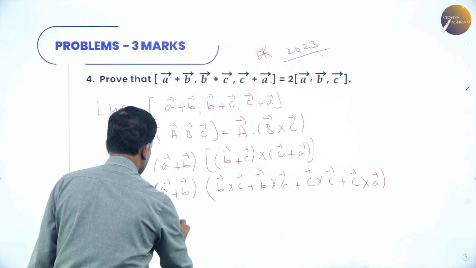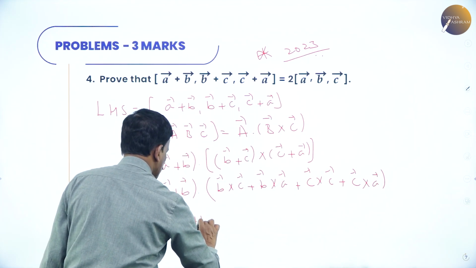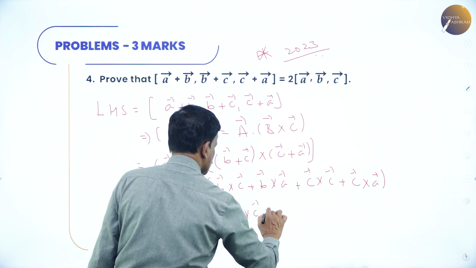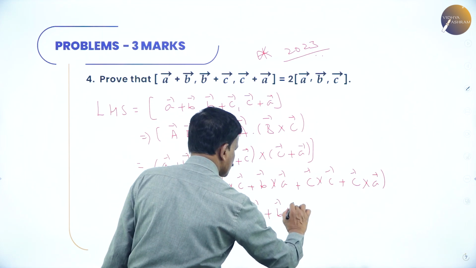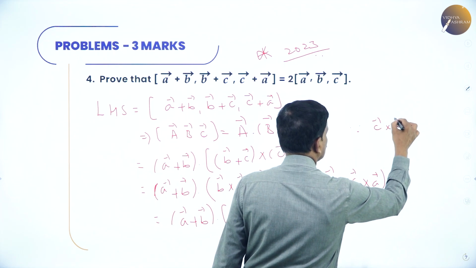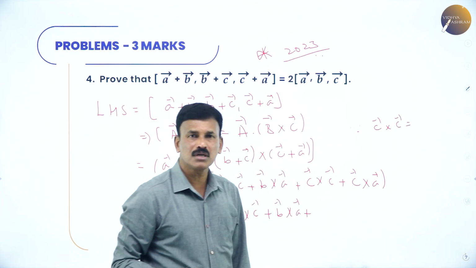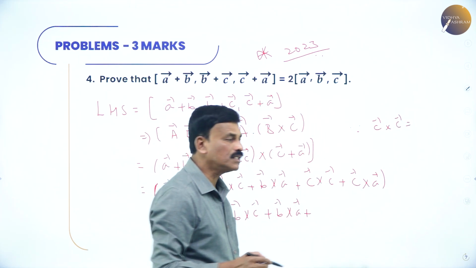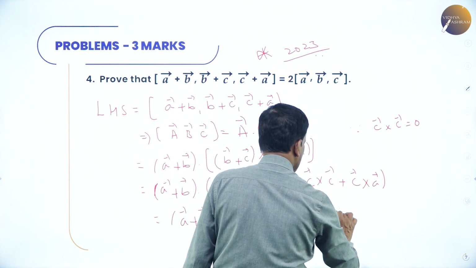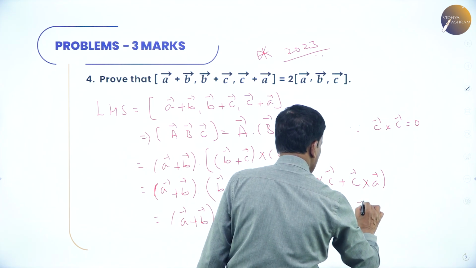So, this is equal to vector a plus b dot b cross c as it is, b cross a is also as it is. C cross c, according to the property of determinants, if two rows or two columns are the same, then the value of the determinant is 0. So c cross c is equal to 0 here. So, this is 0 plus c cross a as it is.